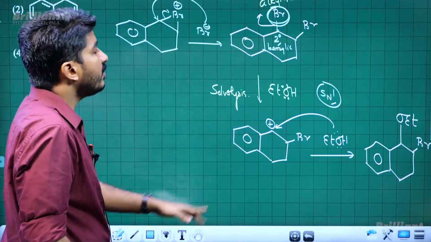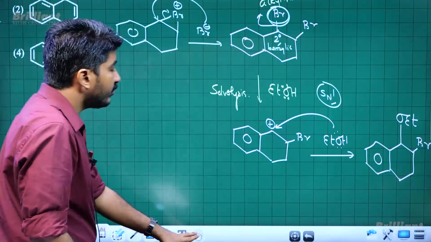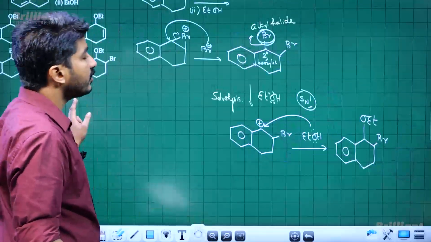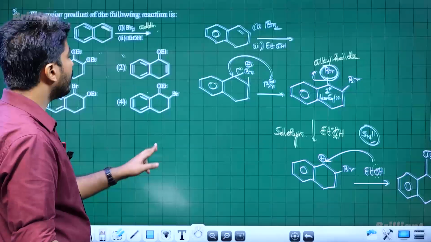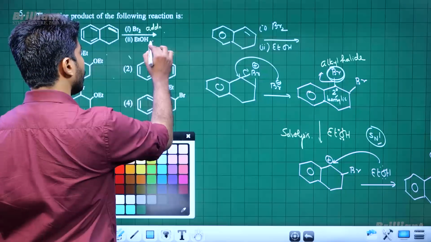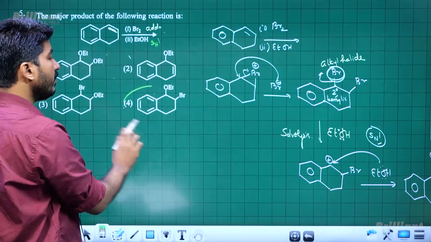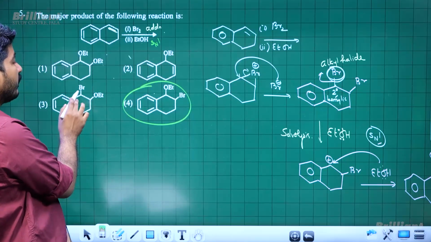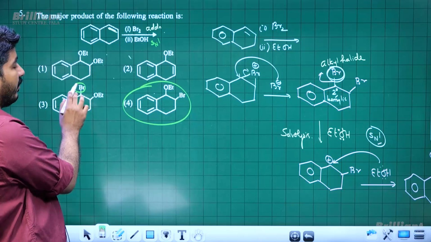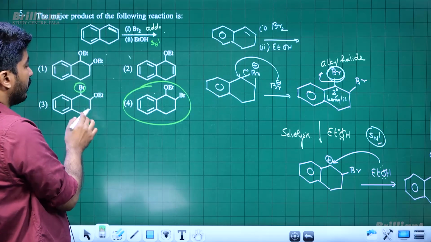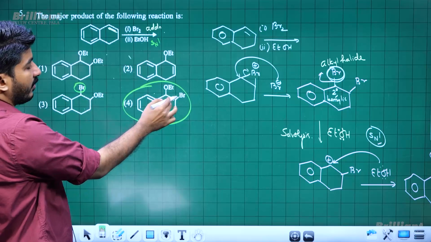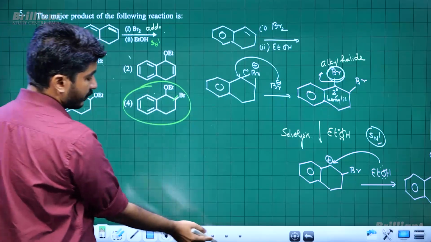Yes, that happens here. So first was an electrophilic addition reaction, and later we had an SN1 reaction. That way we can predict the reaction, and the final product will be this, not this, because this bromine was more reactive, and this will remain over there itself.